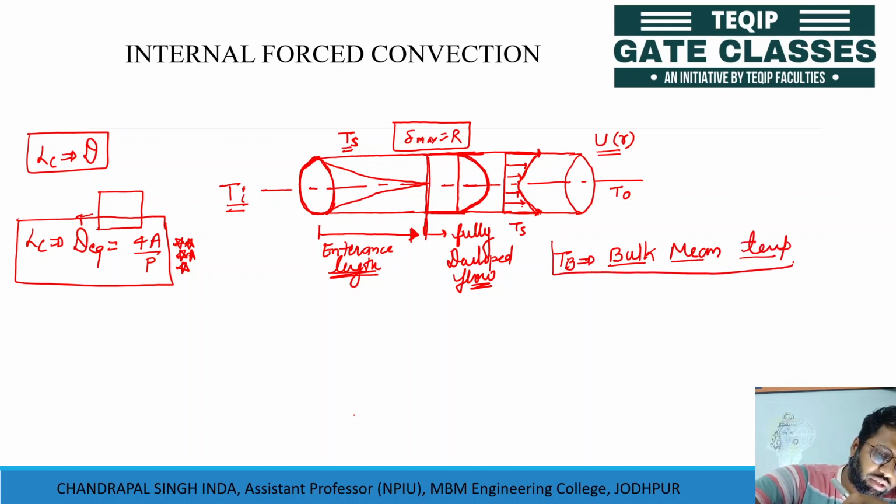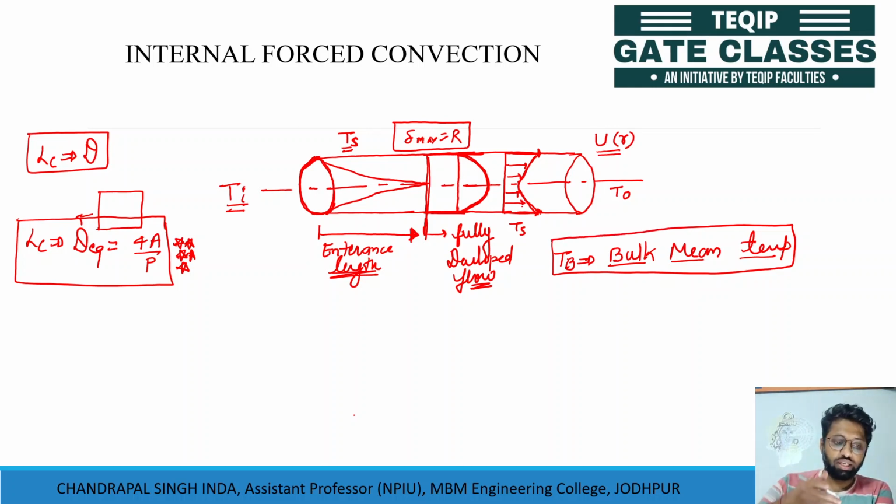It is a constant temperature defined at a particular cross section in the x direction, meaning the flow direction, which represents the total thermal energy available or transferred by the fluid at that cross section. Let's consider this is a section and this is the temperature profile at this section. We can find the total thermal energy at that section if we know the bulk mean temperature, so we represent it as Tb.